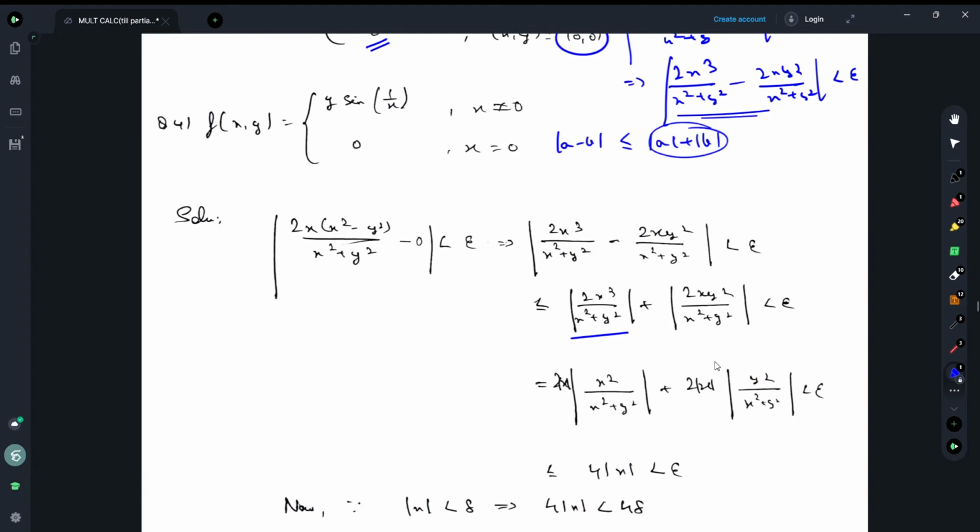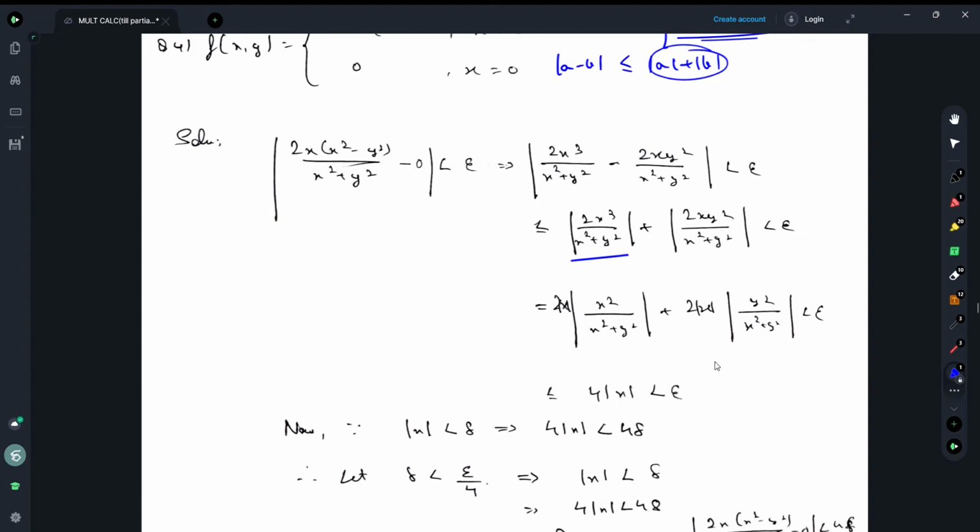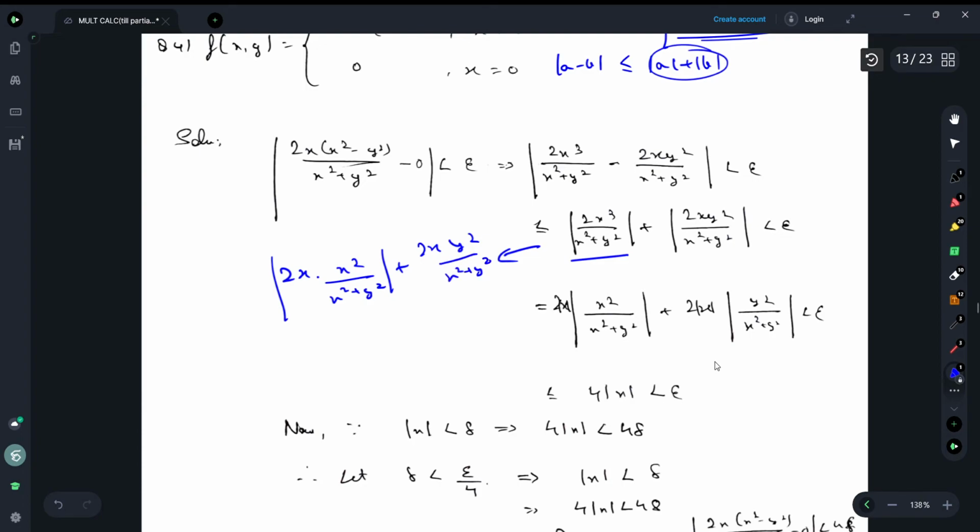Now what can we do? We can take 2 mod x common from here. So this can be written as 2x times x square over x square plus y square plus 2x times y square over x square plus y square, and this is less than epsilon.